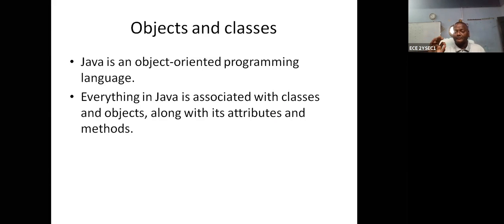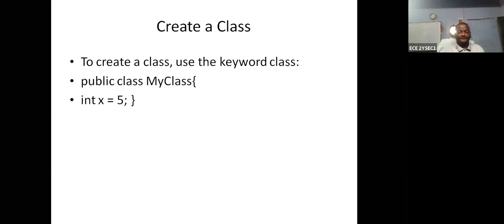What are attributes and what is a method? Method I already explained. Attributes I will explain very soon. Suppose you want to run an object, it is compulsorily placed inside a class. According to the class, objects are created. I will give an example.